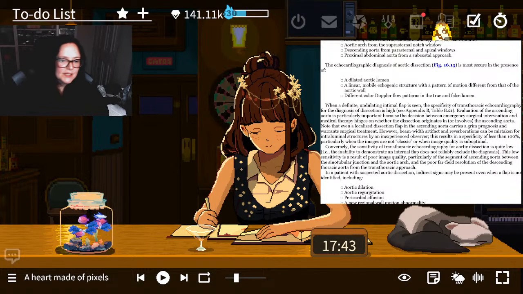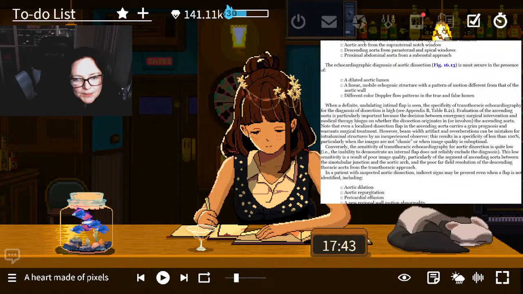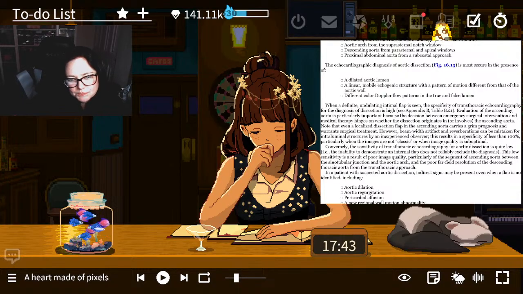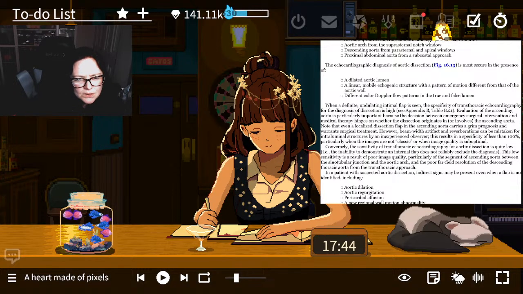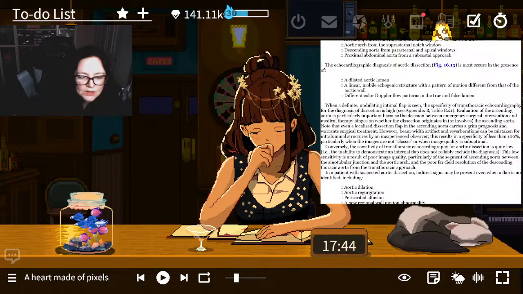All right. Intraprocedural TEE is obtained in a patient during transeptal puncture for a percutaneous edge-to-edge repair procedure. Based on the image obtained, what additional procedure do you anticipate after completion of the percutaneous edge-to-edge repair? Don't know how to interpret 3D imaging well enough to know.